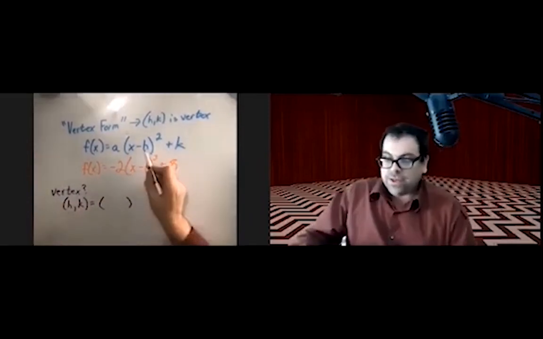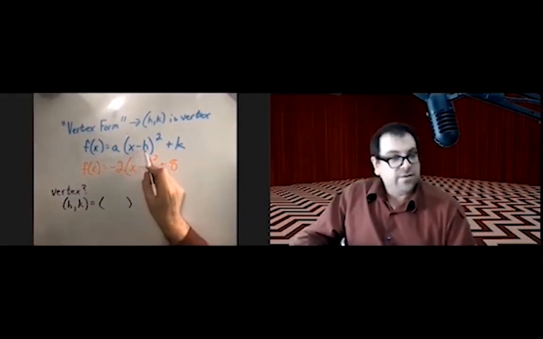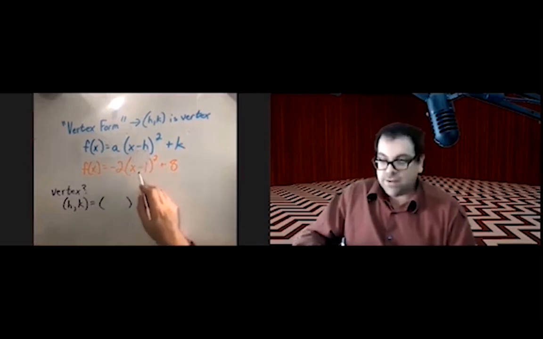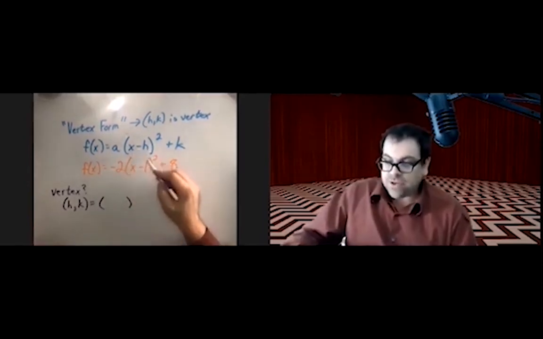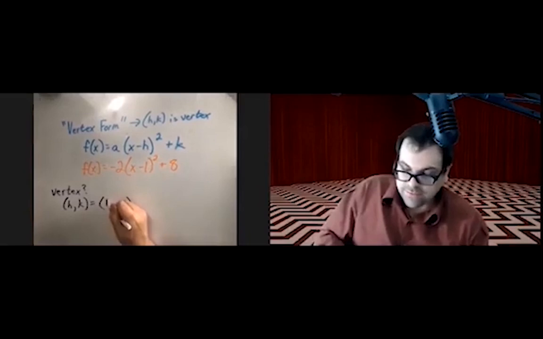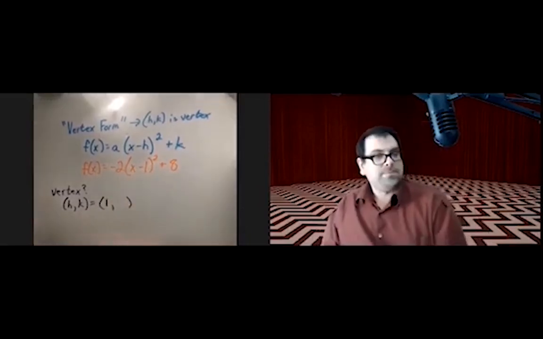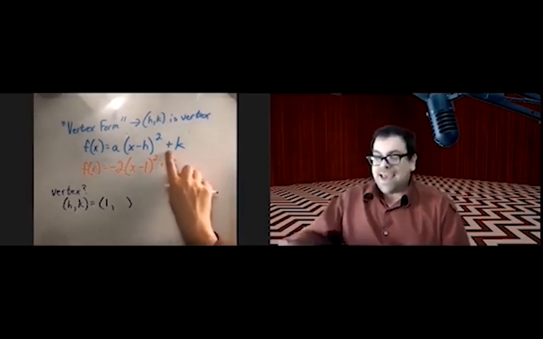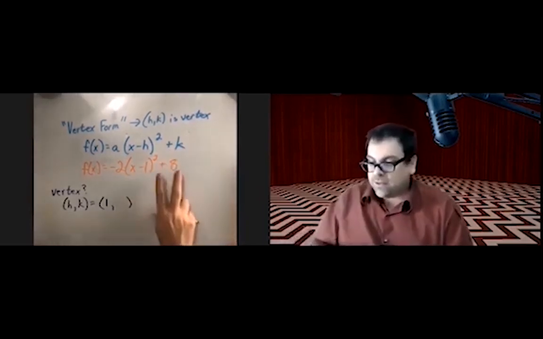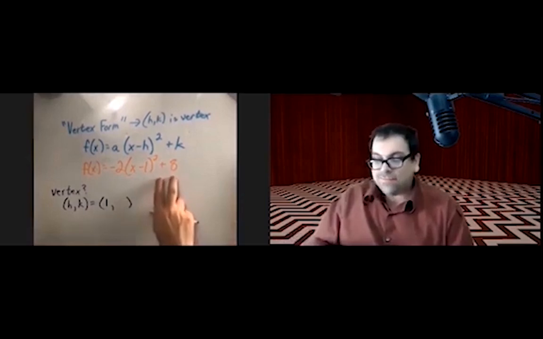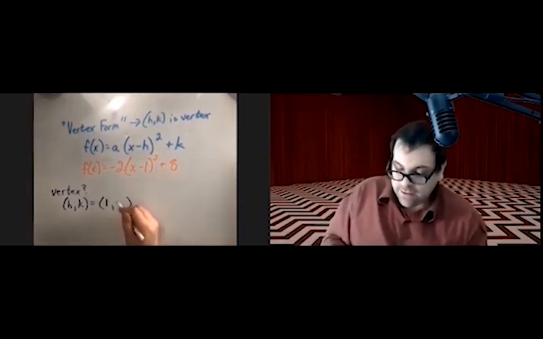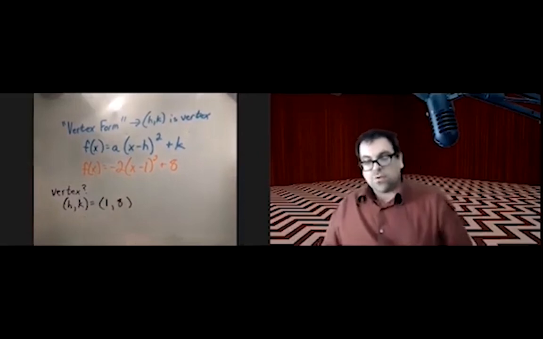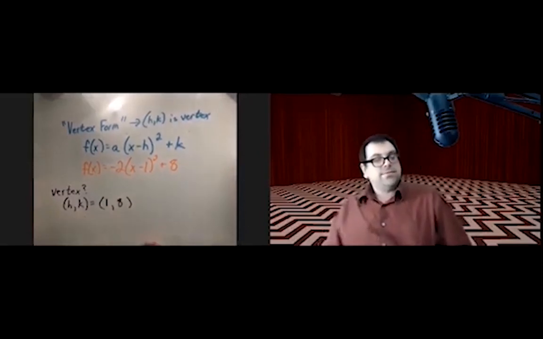Well, H is the thing that is subtracted from X. Here, X minus 1 is X minus H, so H must be positive 1. K is the thing that's added to the square. We're adding 8. Positive 8 must be K. So 1, 8 is the vertex.